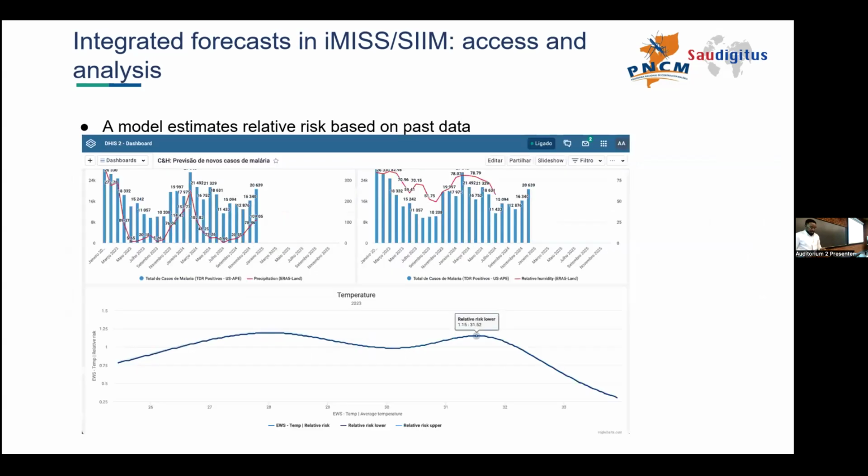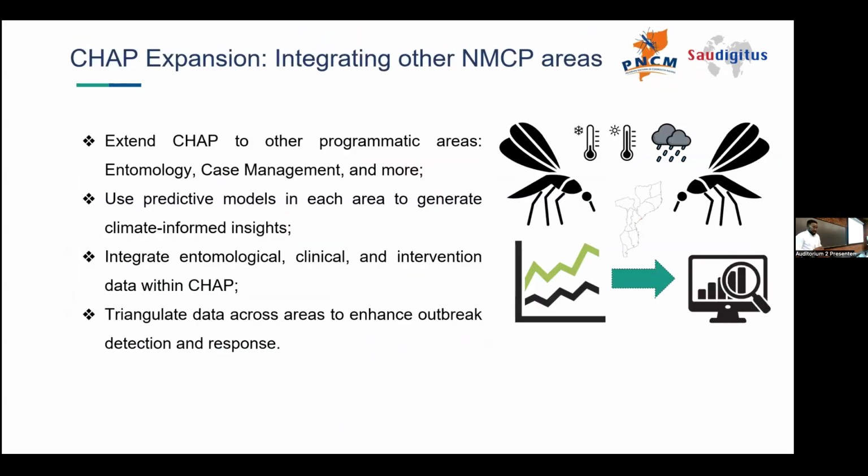And they also have a plan to extend the use of the CHAP to other areas, like entomology. Let's say last week we had great conversations, a great conference about climate and health, and we saw some behavior of the mosquitoes that some countries have.